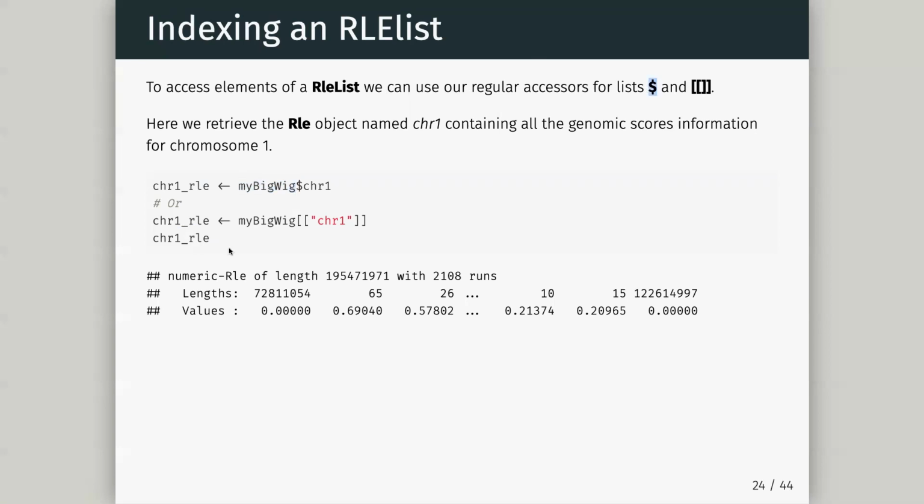So we can do $ and then just put the name of the chromosome we're interested in, or we can do the double square brackets, and pull out the actual chromosome name. Okay, so now I've no longer got an RLE list, I've just got a numeric RLE object, which contains the scores across the chromosome.